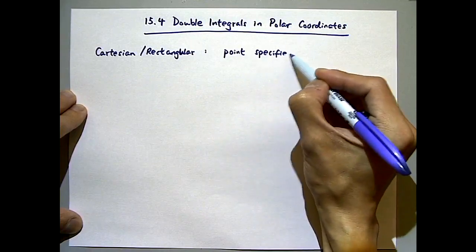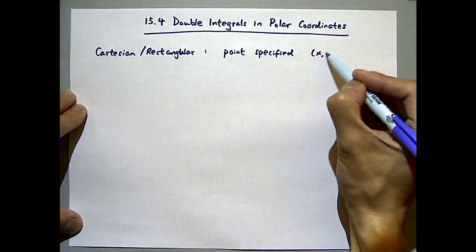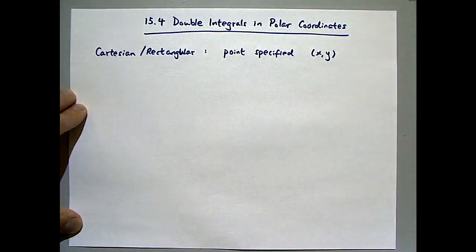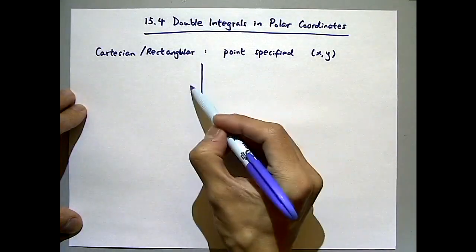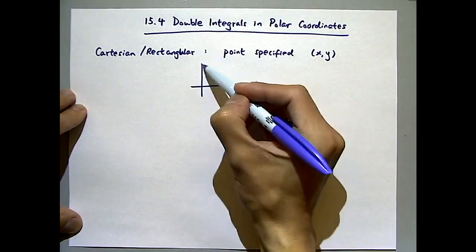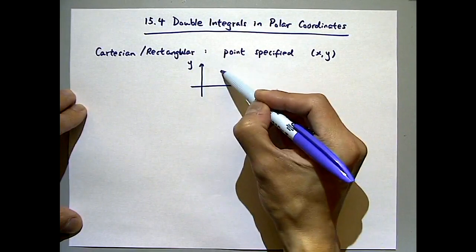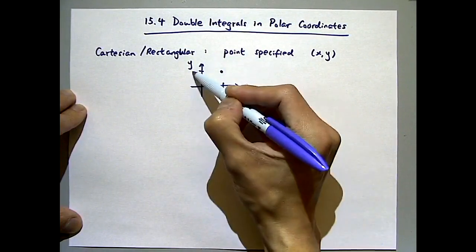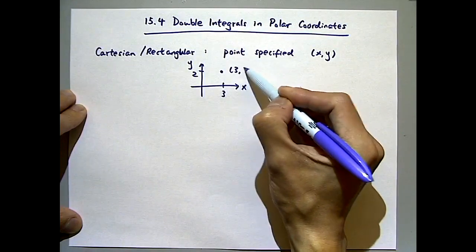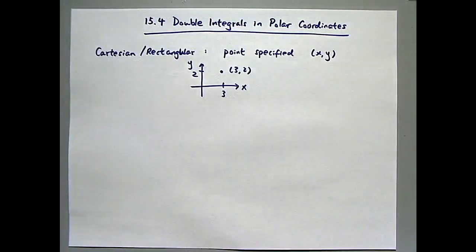We're used to specifying the x and y of a point, and that's how we locate things in Cartesian coordinates. So the point (3, 2) means 3 units in x and 2 units in y. That's how we locate stuff, but that's of course not the only way to locate something.